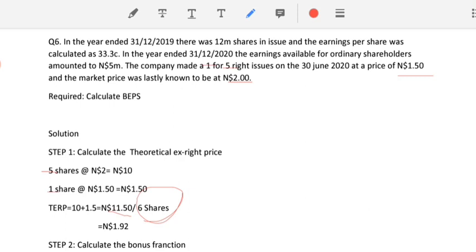Where did 11.5 come from? 10 plus 1.5. If we divide, we get 1.92, and that's the TERP we are talking about.